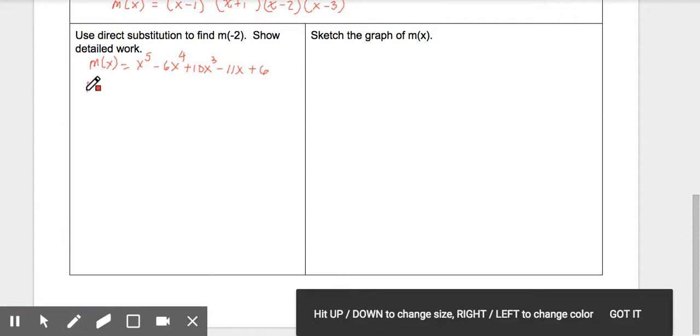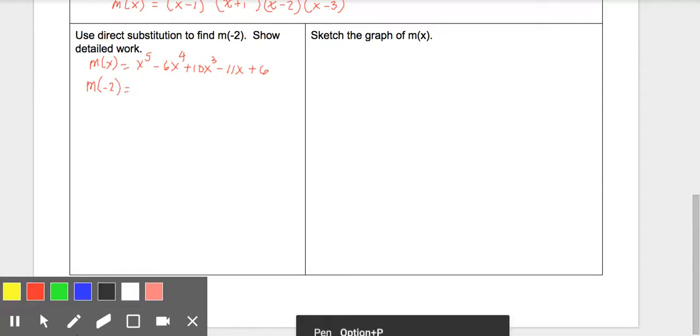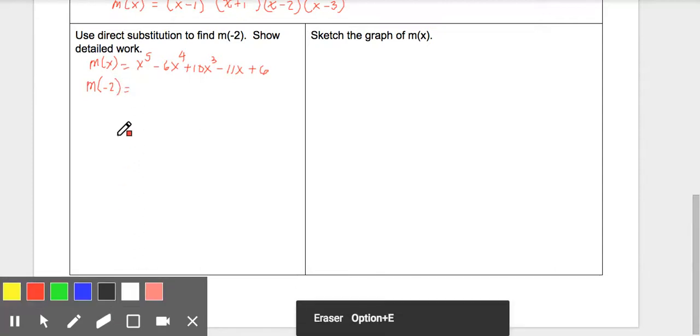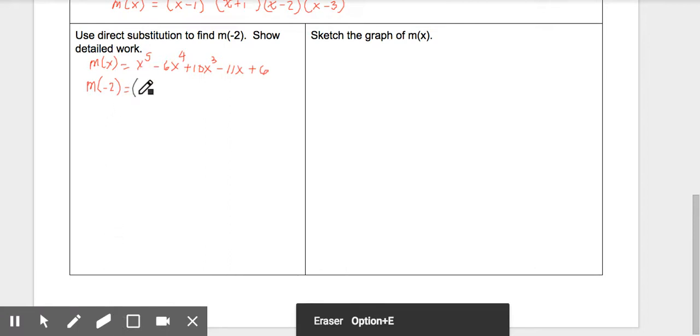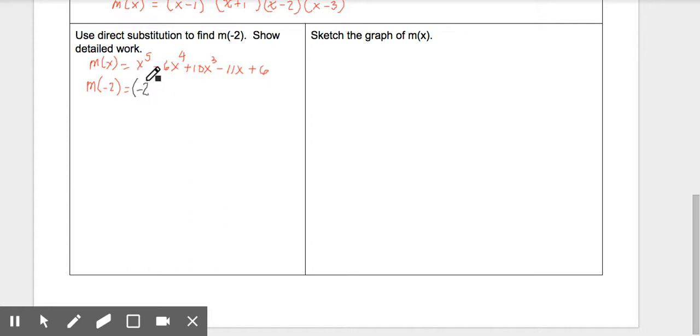So we'll have m of negative 2 is equal to negative 2 to the 5th minus 6 times negative 2 to the 4th plus 10 minus.